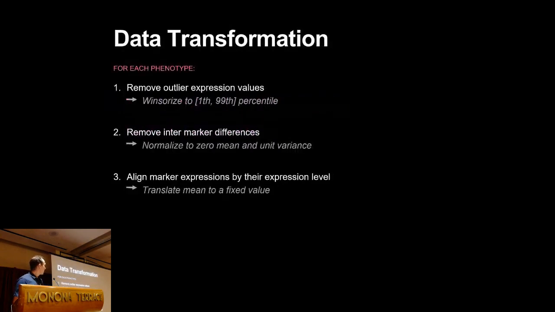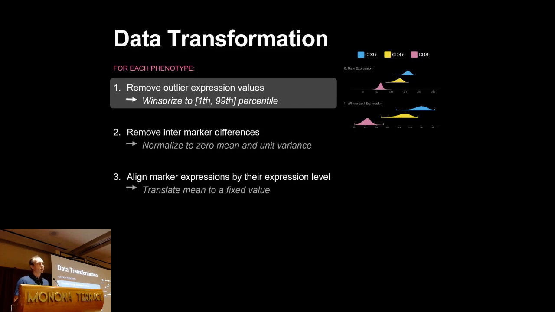That brings us to our annotation transformation approach, which is actually fairly simple. It consists of 3 steps. First we remove outliers, then we normalize the expression ranges, and finally we align those expression ranges. To give you a concrete example, let's say we look at T helper cells, which are CD3 and CD4 positive and CD8 negative. The first step is that we simply linearize the data in order to remove outliers.